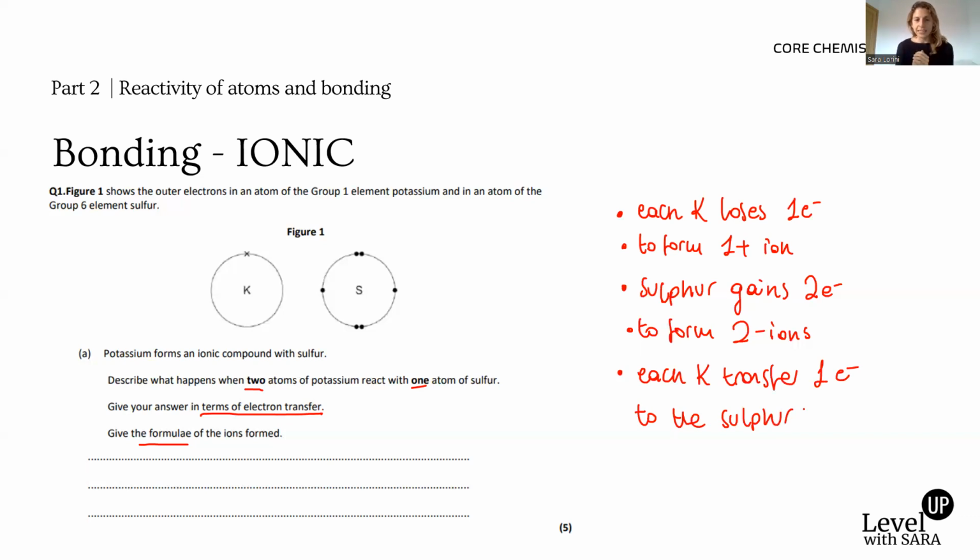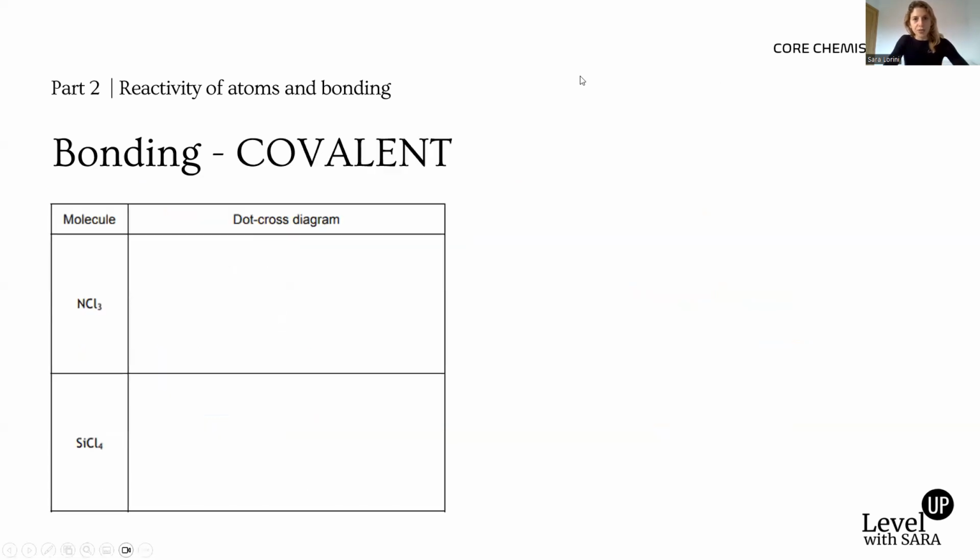So those are, as you can see, the 5 points: what loses, what gains, the formula of the ions, and the transfer. So make sure you mark it and notice where you lost marks. Maybe it was in the interpretation of the question, maybe it was about the knowledge. And when you're ready, pause if you needed more time, but we're going to go into the next question. Pause and play when you're ready for the solution.